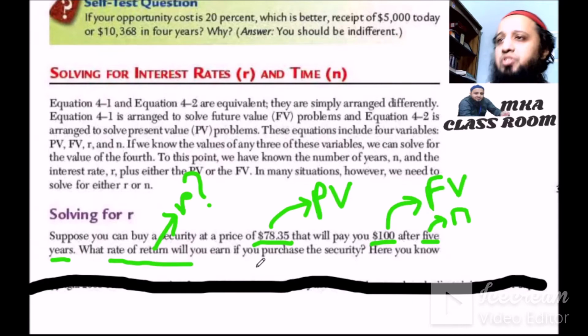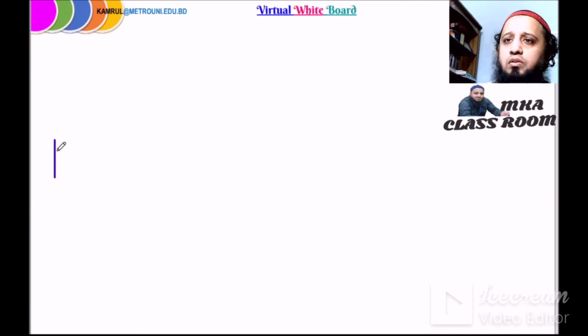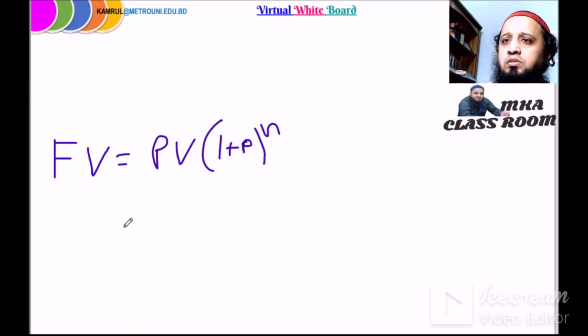Now, the formula for future value equals present value into 1 plus r power n. So if we put the value, then we will get our desired answer.